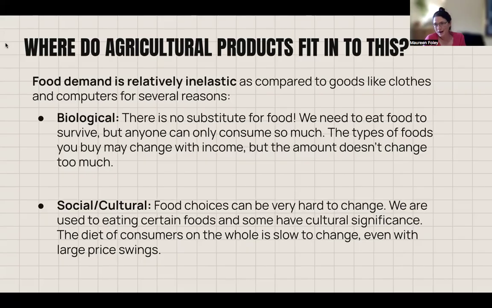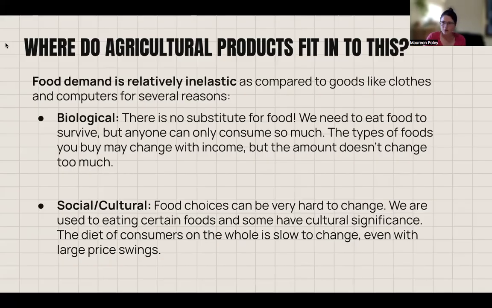There's a point where you're just going to be throwing it away, so people don't even buy it. The types of food that you buy may change with your income, but in general, the quantity doesn't change too much. So that keeps the demand really steady.